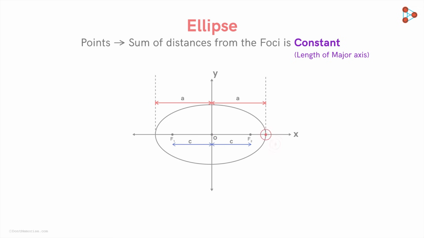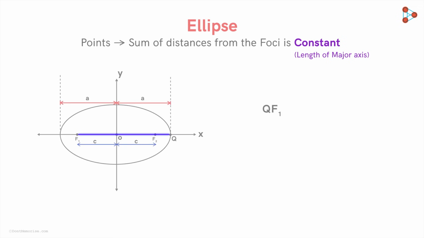Now consider this point Q at one end of the major axis. What will be its sum of distances from the foci? It will be the sum of this distance QF1, which will be C plus A, and this distance QF2, which will be equal to A minus C. So we get this.